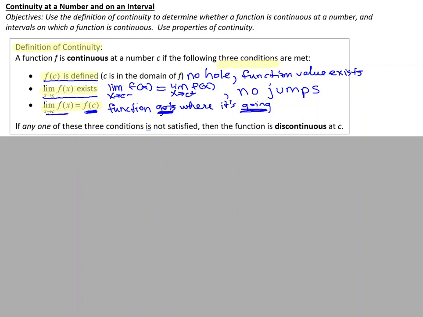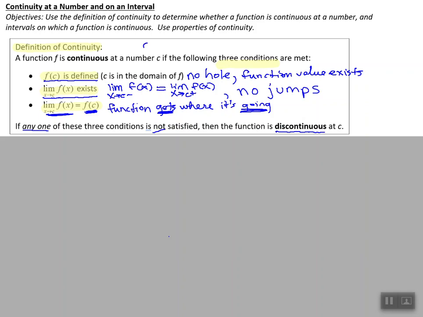But again, we think of it that way that we highlighted it. The limit as x approaches c of f of x equals f of c. If any one of these three conditions is not satisfied, then the function is discontinuous at c. So it's important that all three of these are satisfied.